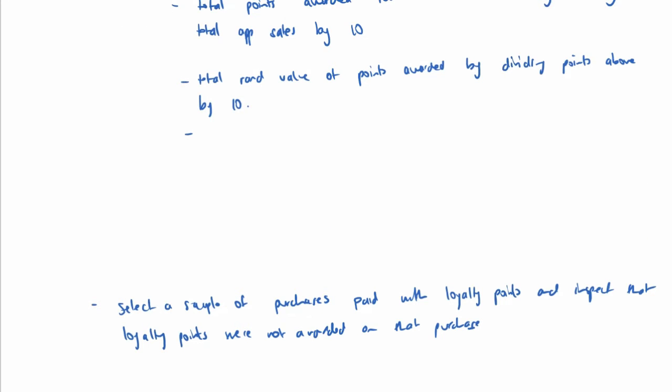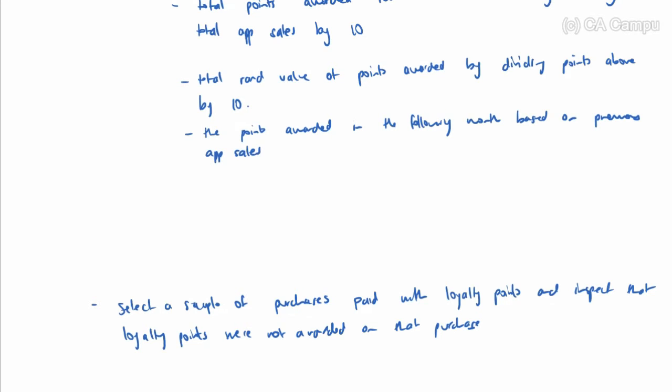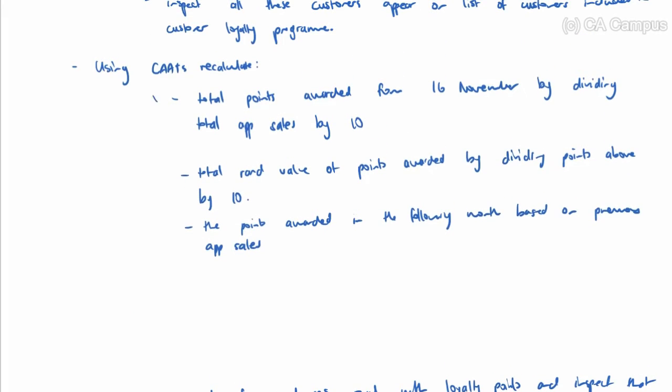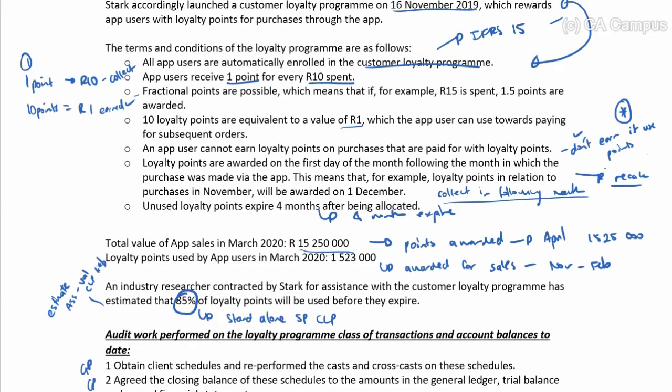So I'm going to say, using CAT to recalculate the points awarded in the following month based on the previous app sales. Okay, so guys, although I've initially done the total here, I've now just gone and tested their actual accounting for them. And then loyalty points expire after 4 months.